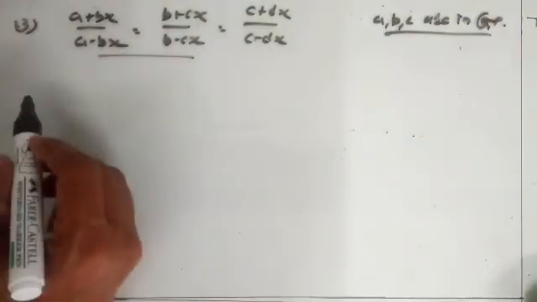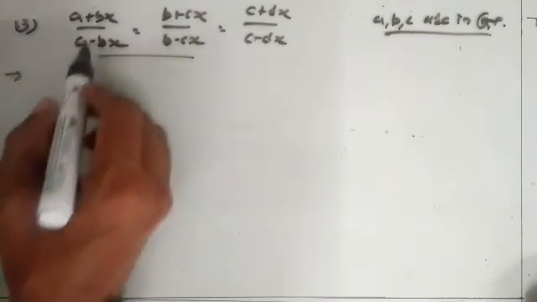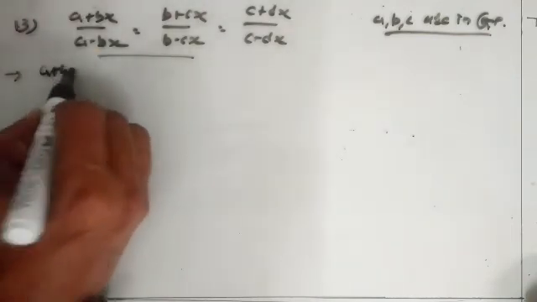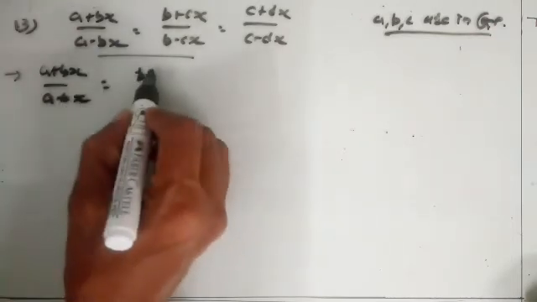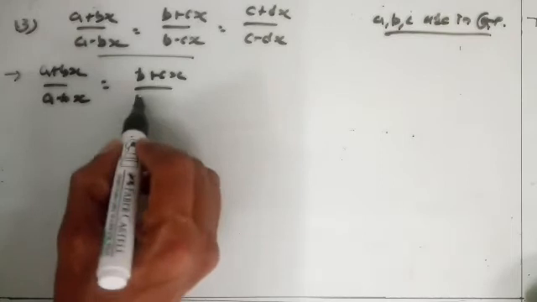Taking pairwise, we get the condition: a plus bx upon a minus bx is equal to b plus cx upon b minus cx.